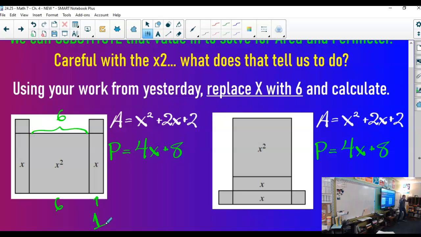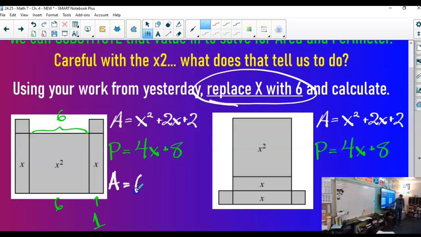We know the area, right? Because we don't know it as in it's 25, but the area is x squared plus 2x plus 2. We figured it out yesterday. So what if now I say, okay, area, instead of x squared, what do I write now? 6 squared, because x we're replacing with 6. Guys, on your graph paper, please go ahead and write this down because this is also dangerous.